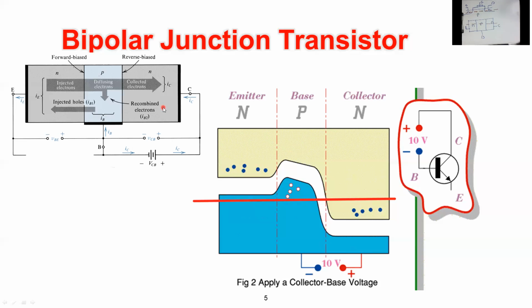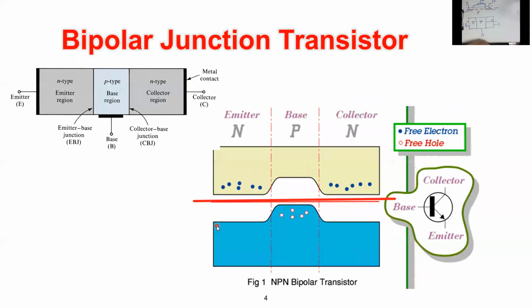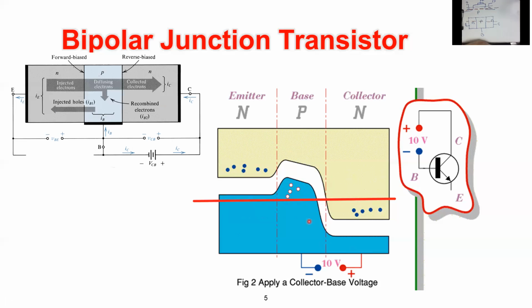Whenever you have a PN junction in reverse bias, this barrier is going to increase. This is typically what happened here. This barrier increases because you apply a negative bias, or a reverse bias, to this PN junction.